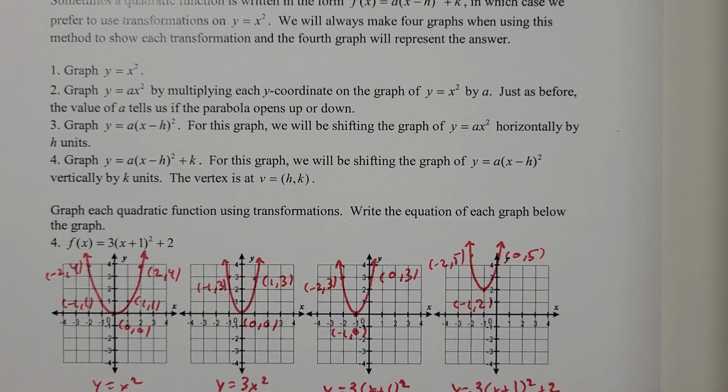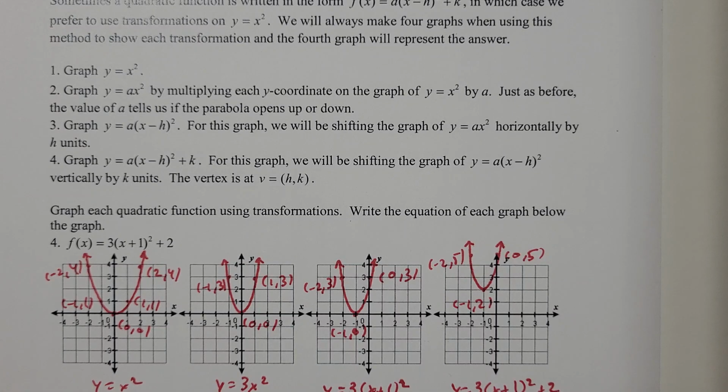Number 2, you're going to graph y equals a times x squared by multiplying each y coordinate on the graph of y equals x squared by a. And just as before, the value of a is going to tell you if the parabola is going to open up or down, depending on if that's a positive or a negative number.